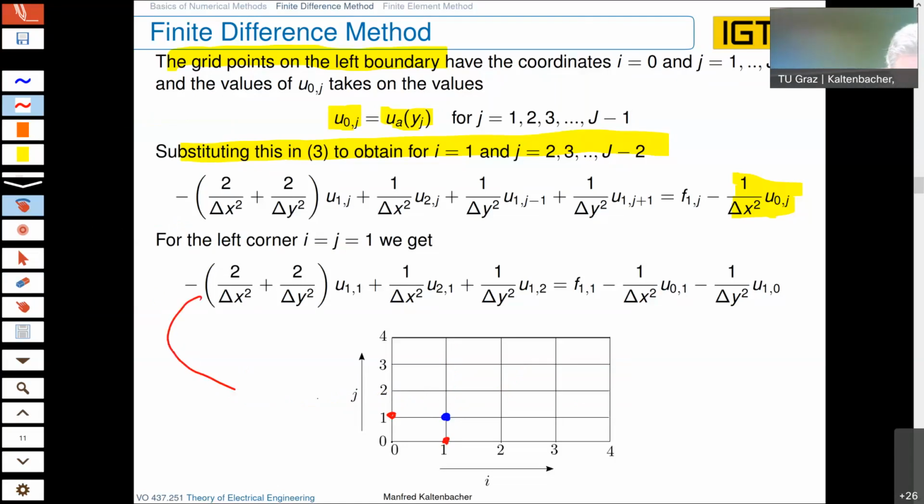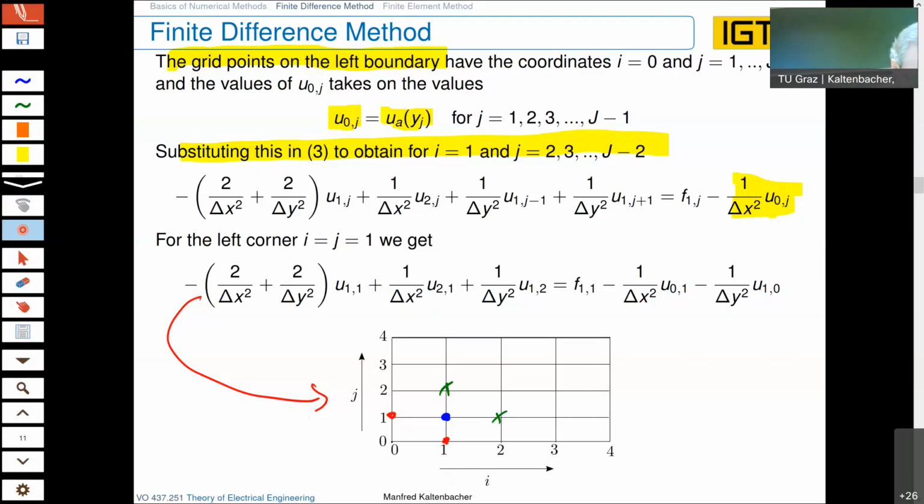So what is still unknown, again in green, is this here and this here, which means we now have two terms we put on the right-hand side. And if you look here, you see it exactly. It is U01, exactly this node, and it is U10, that is U1 and j equals 0. These are these two nodes. So it is just a rearrangement of your equation.